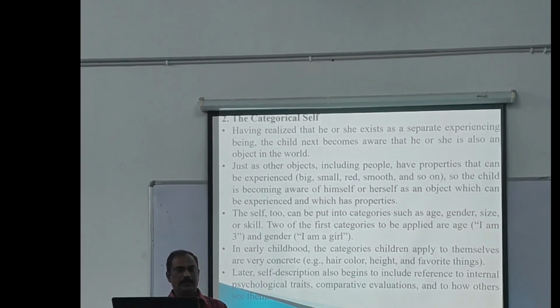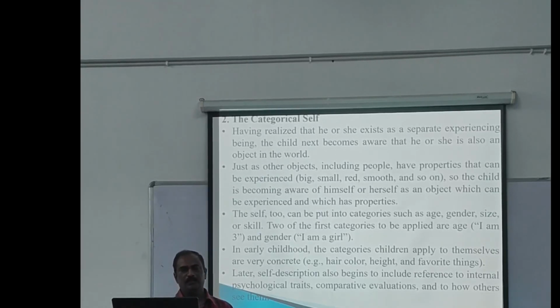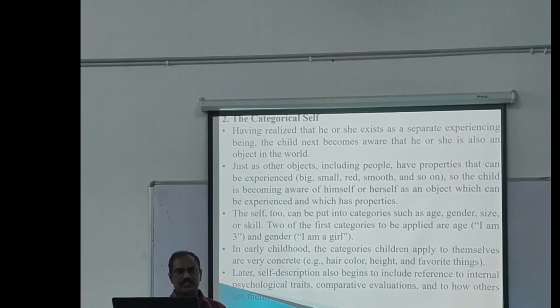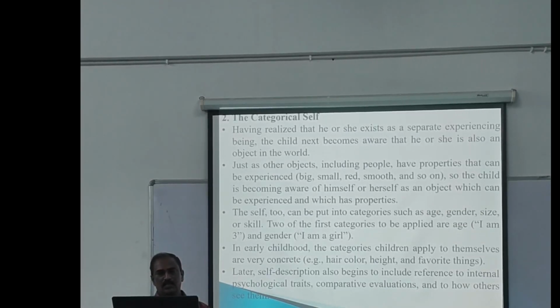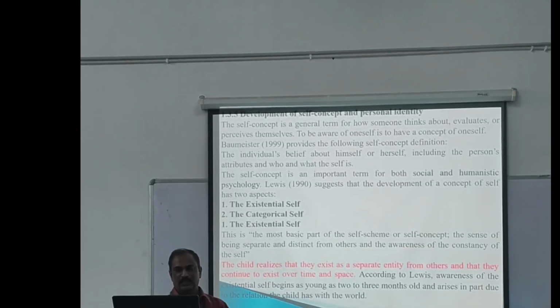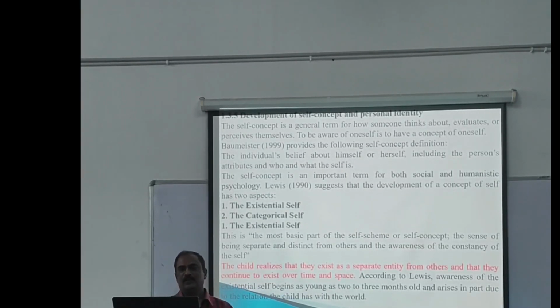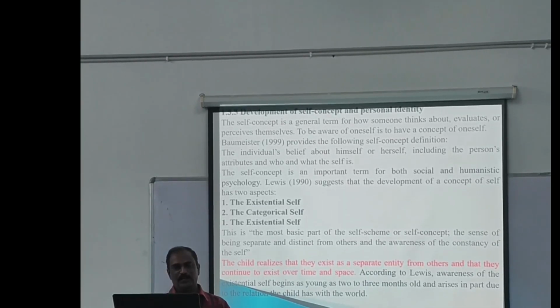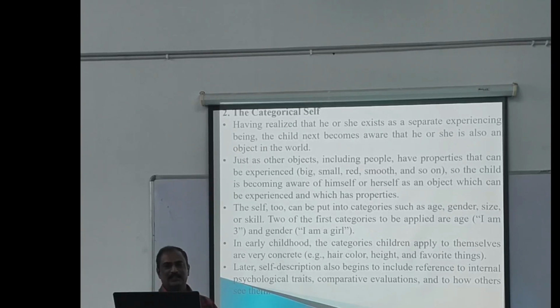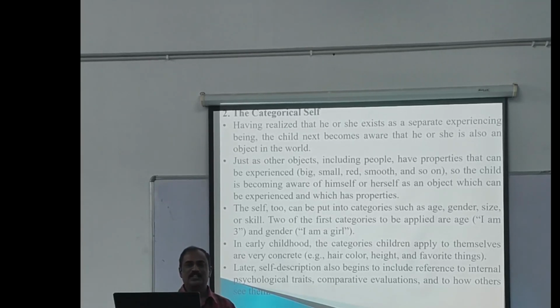In the beginning, they thought they were a separate entity from others. And now in this categorical self, they are aware that they are also an object in the world.